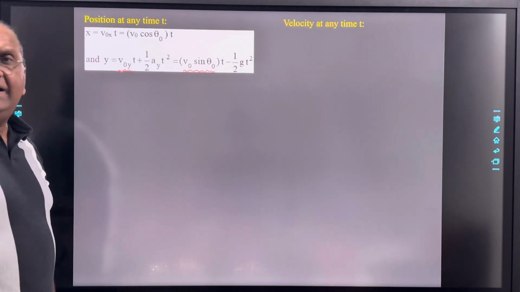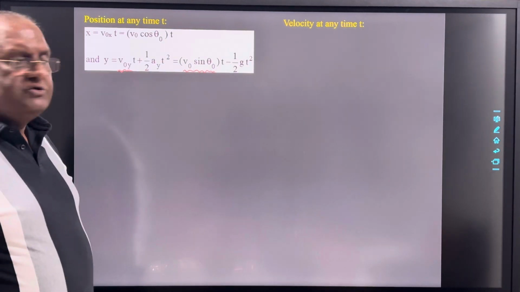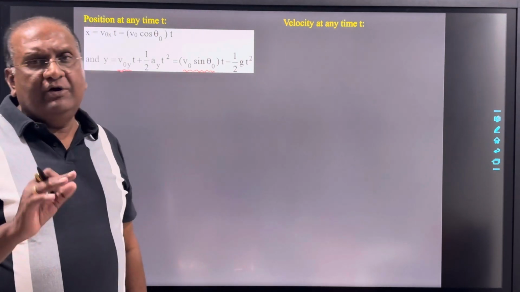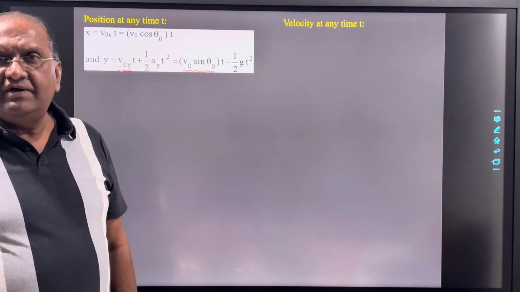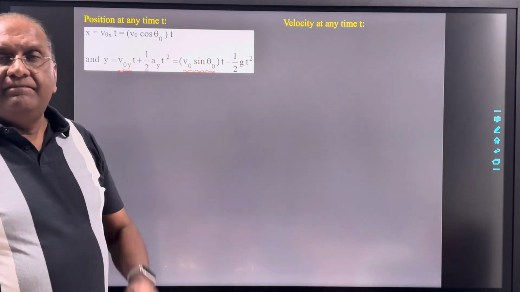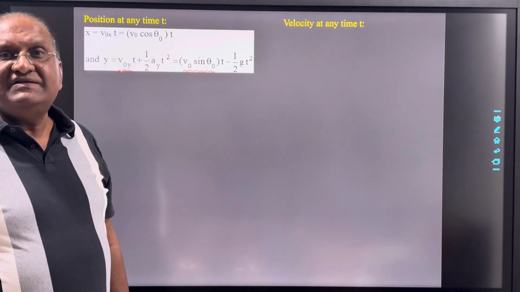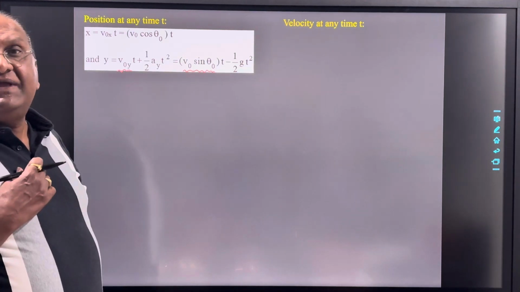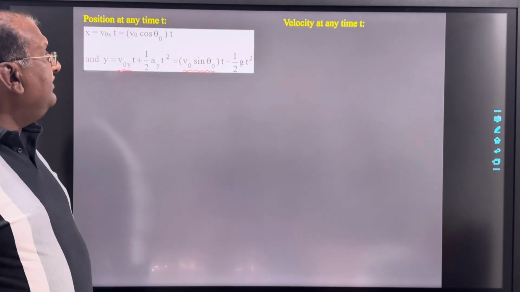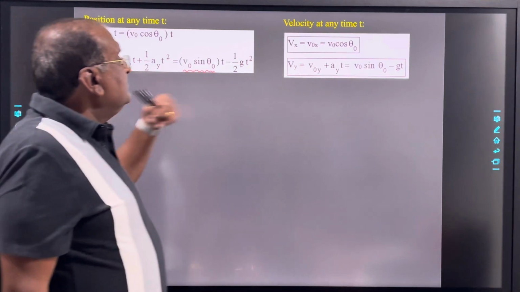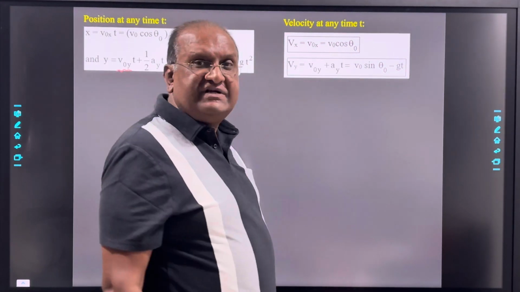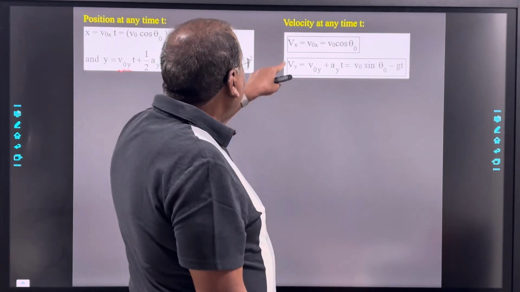Now velocity at any time t. So we know in horizontal direction the velocity is constant, right? But vertical motion is with constant acceleration. So we can use the equation v equal to v0 plus at. So x velocity, that is v0x, is v0 cos theta 0, and it is constant.